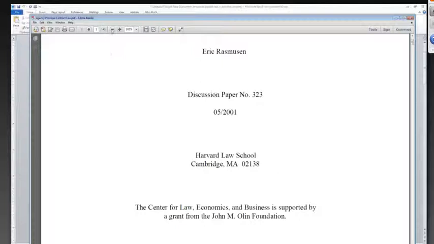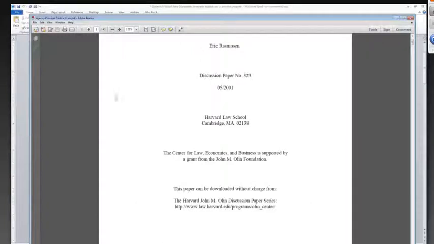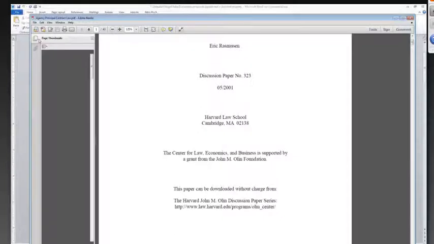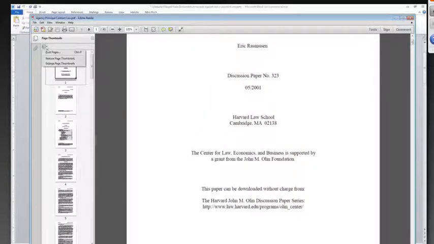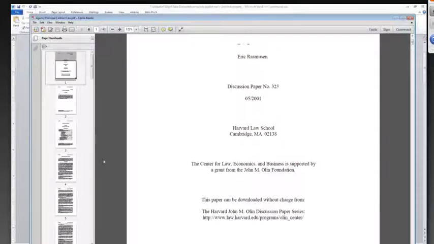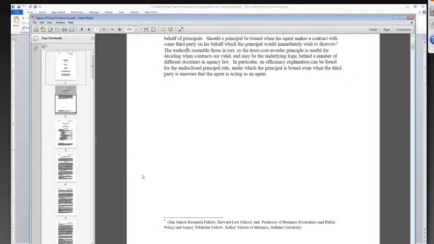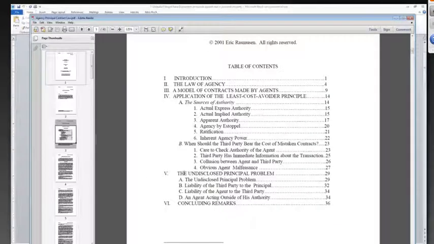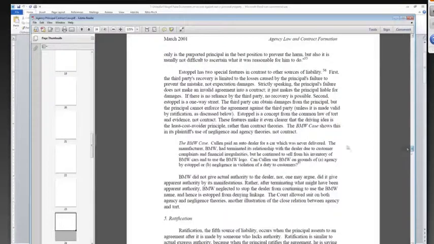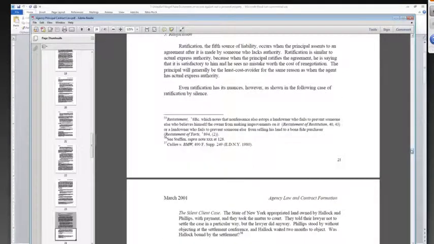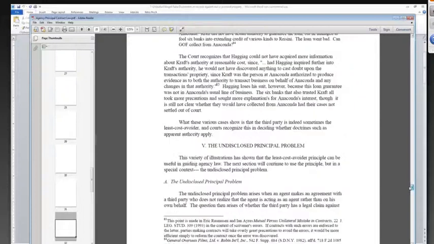We have, as a matter of fact, give me 1 second. Let's see what this is. This is Harvard Law School. Okay, and I just happened to, again, the research is done. And let's go. Here we go, table of contents.